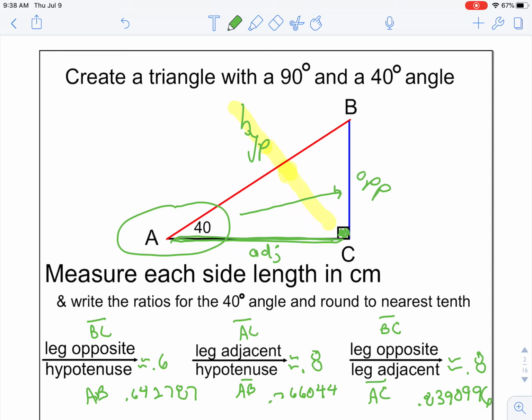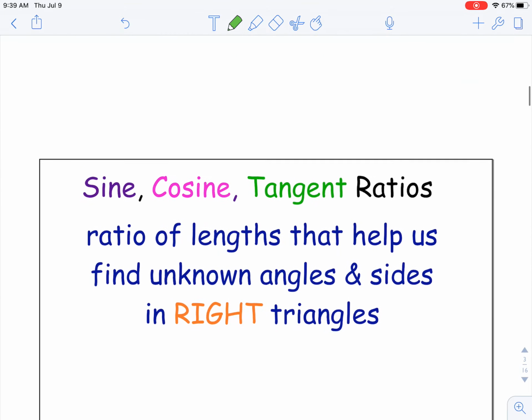So if you look on your calculator, you should have a sine, cosine, and tangent button. This is the sine ratio, this is the cosine ratio, and this is the tangent ratio. Of course, they're abbreviated.